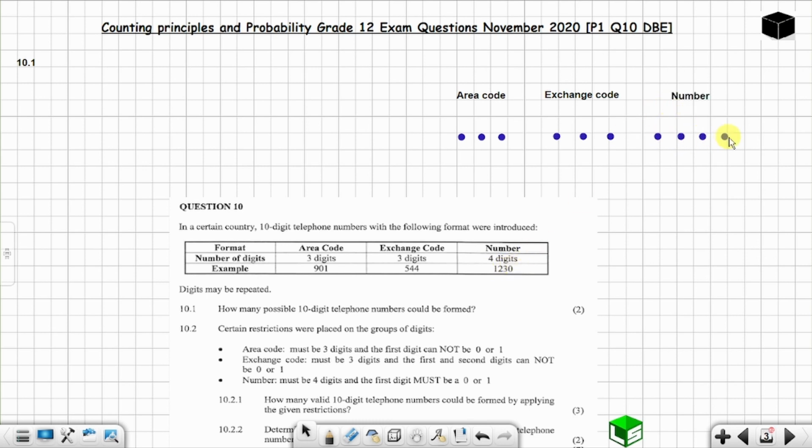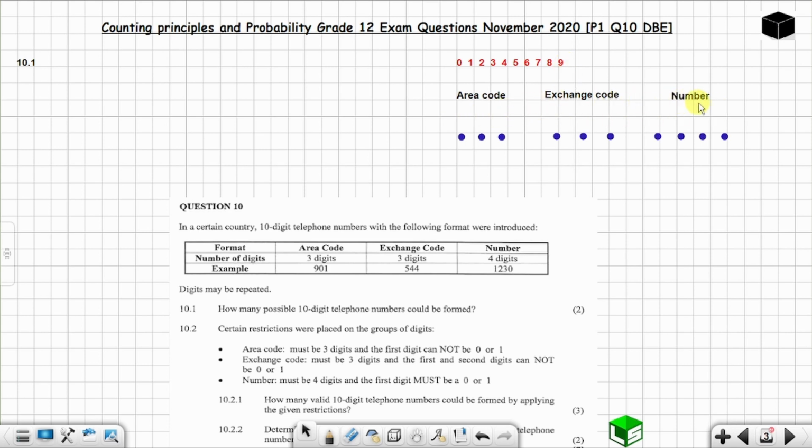You are going to choose from these digits. When forming a number, we choose from these digits. How many are they? You have 10 of them: 1 up to 9, you have 9, plus 0, you have 10. You are going to choose from these 10 digits to form your telephone number.